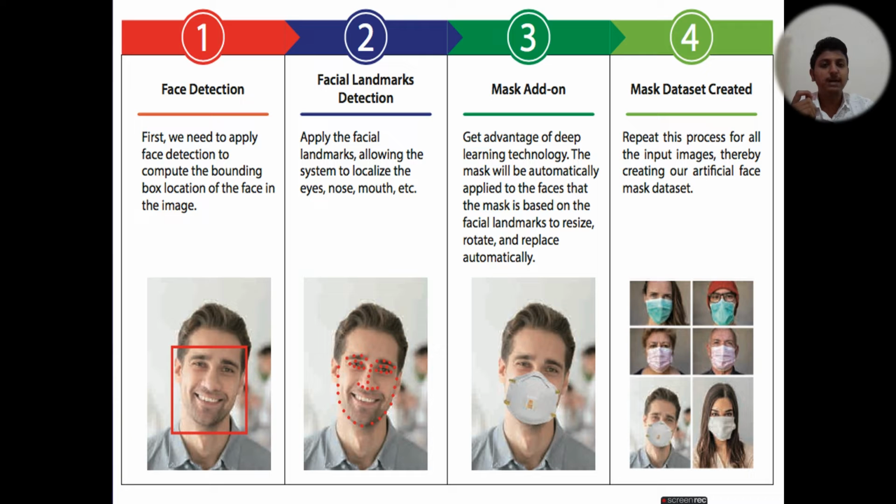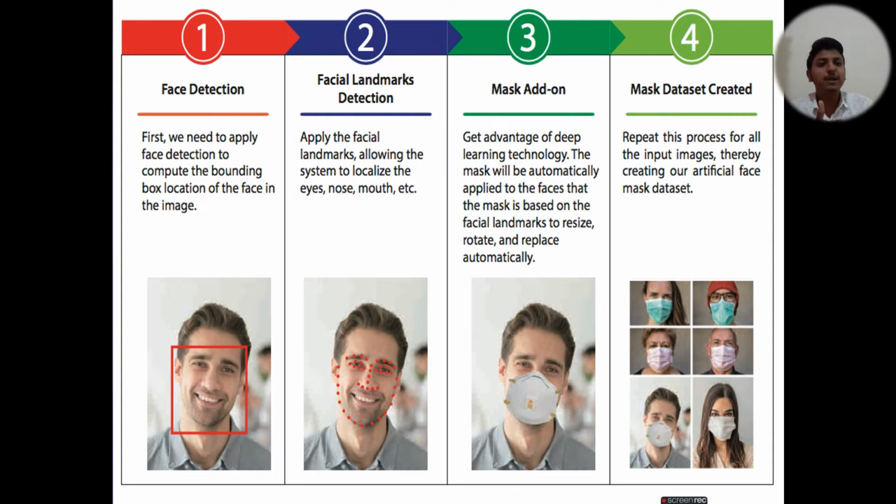Now the third one is mask add-on. Get advantage of deep learning technology. The mask will be automatically applied to the face, based on the facial landmarks to resize, rotate, and replace automatically. Similarly, we know that in Snapchat and other applications, the same technology is used. So we are using the same technology for face mask detection, to check whether the person is using a face mask or not.